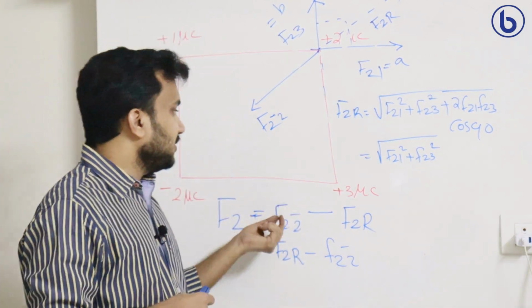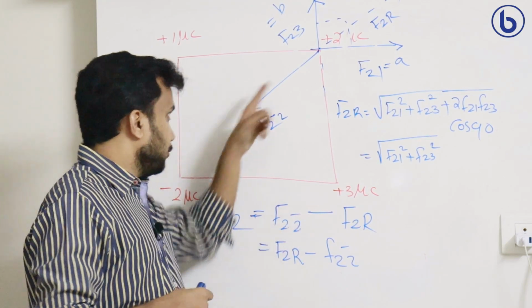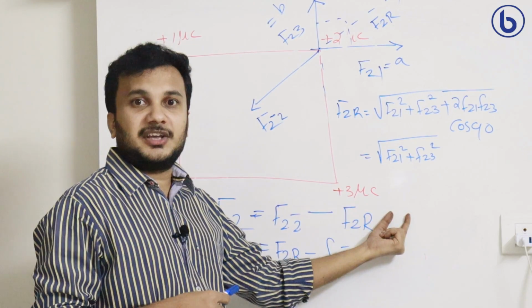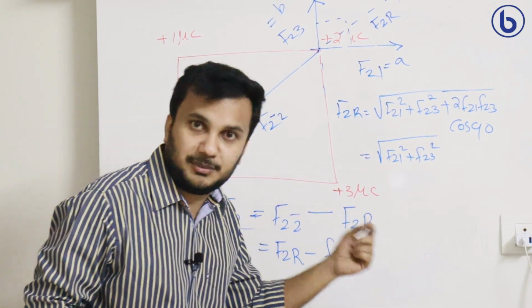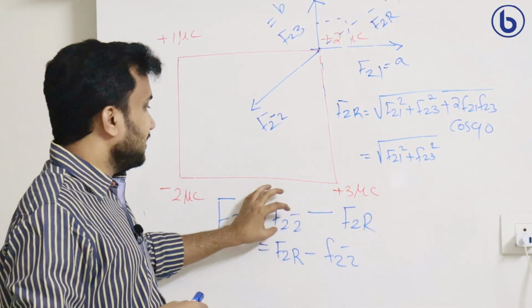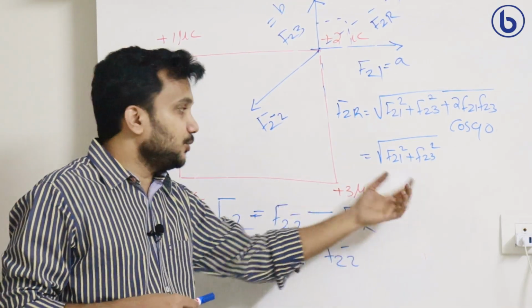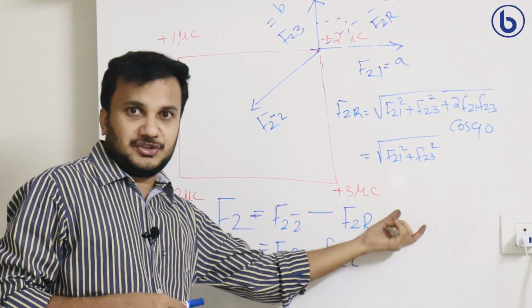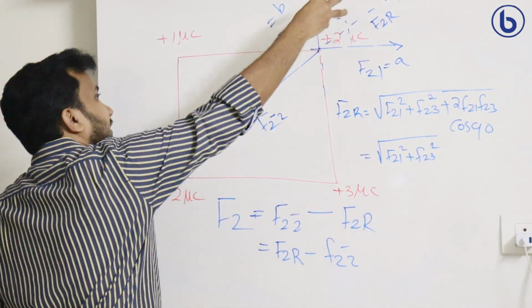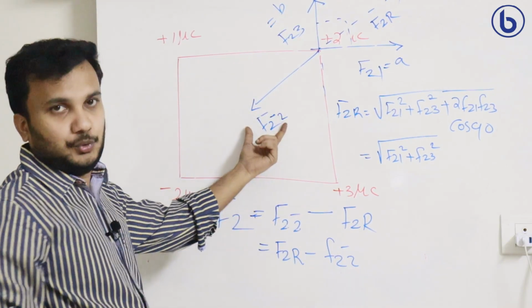But the difference is F2 minus 2, this force minus F2R. If you are subtracting and you get a positive number, what does this indicate? This is the higher value and this is the lower value. If you get a positive number, then the total force on 2 is acting in the same direction as F22.